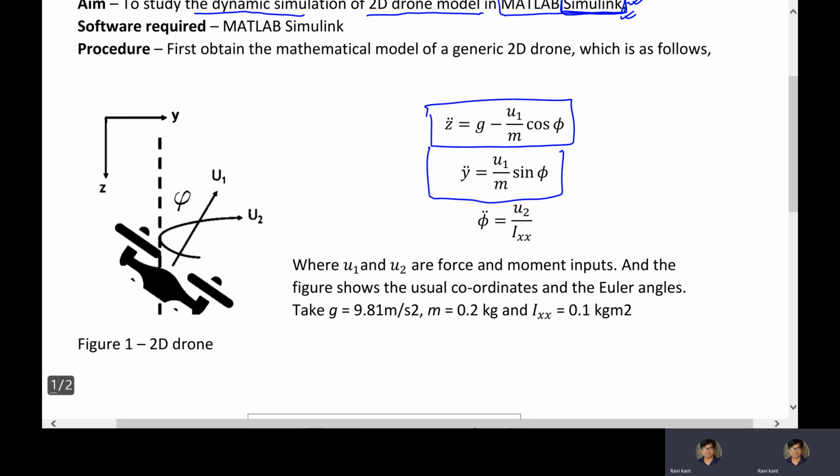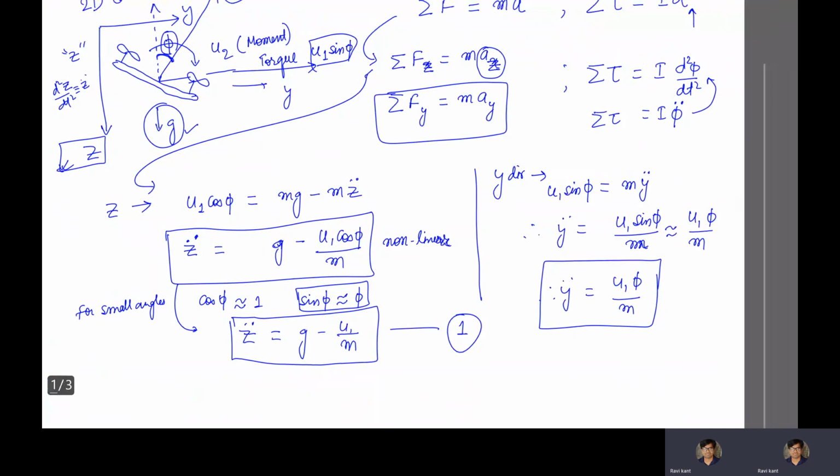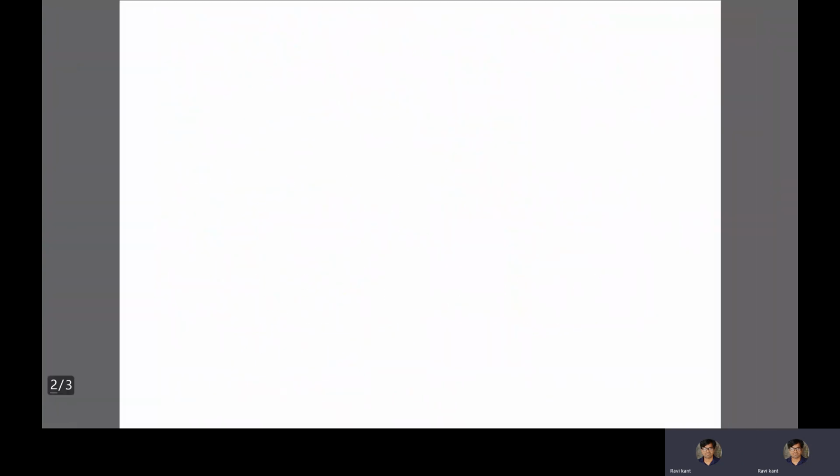Now let us talk about the conservation of angular momentum. That is, the summation of all the torques is equal to the moment of inertia, that is Ixx, times the angular acceleration alpha, which we have already denoted as phi double dot.